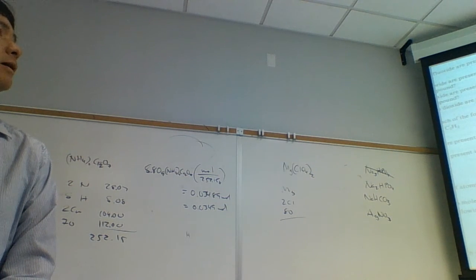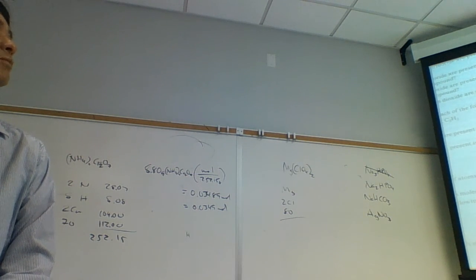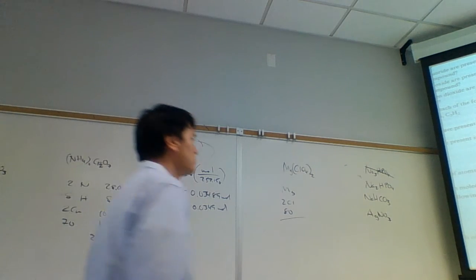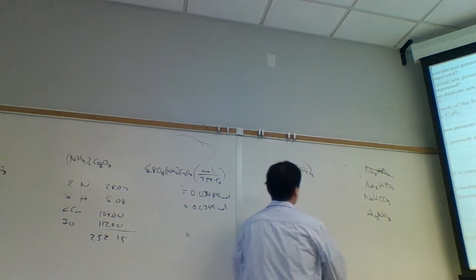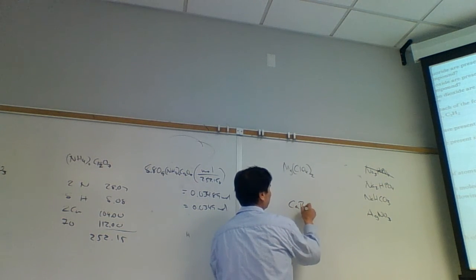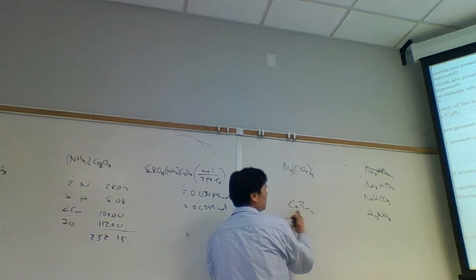So this is calcium bromate. Formula for calcium bromate. CaBr2 is incorrect. CaBr2 is called calcium bromide.